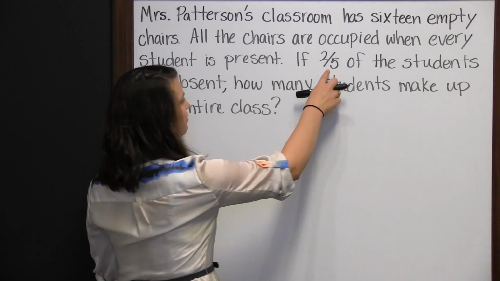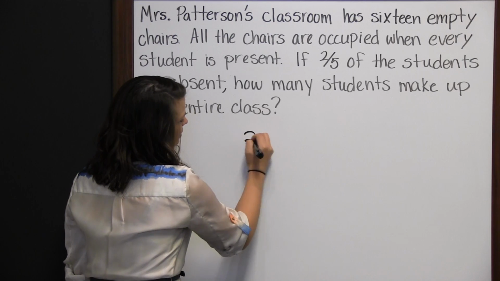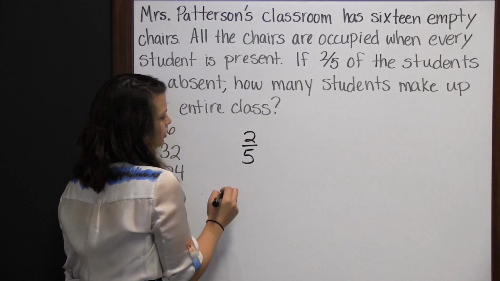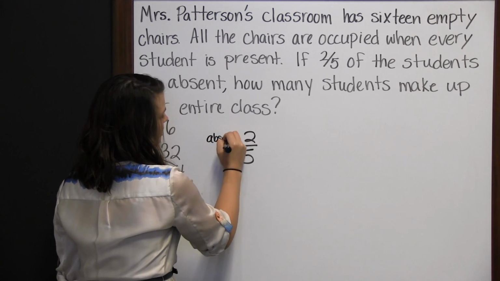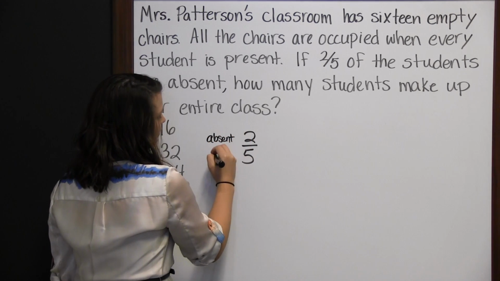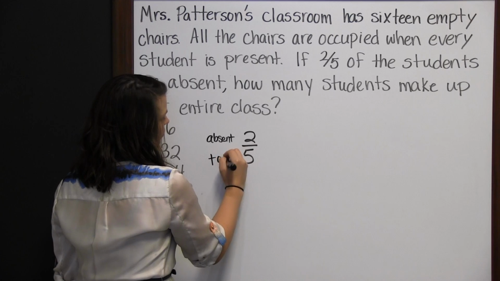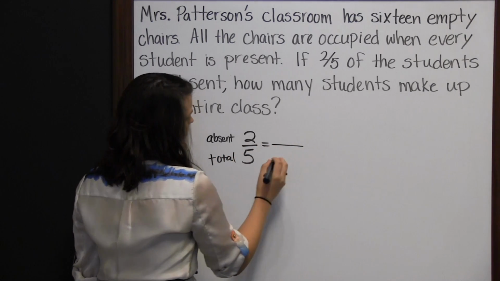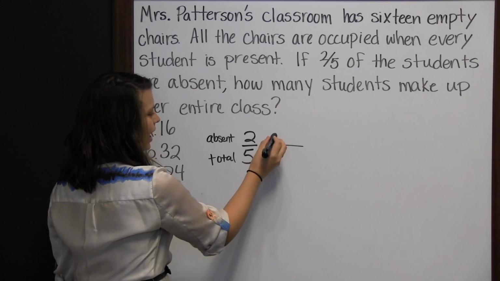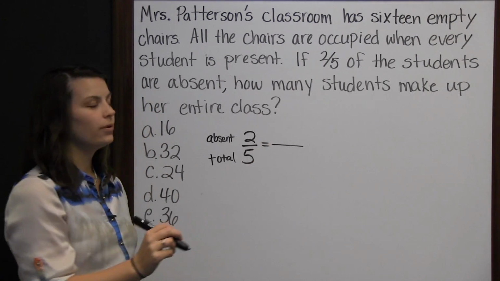We can take this fraction, 2/5, and use that as our first ratio. 2 being the amount of students who are absent out of the 5 total. And that equals, again, number of students who are absent divided by the total.